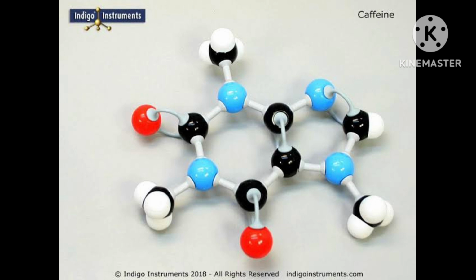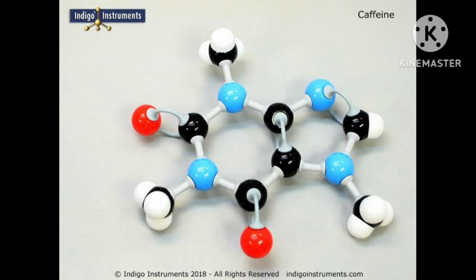One black solid wedge tells the bond is towards the observer, and this dashed wedge tells the bond is away from the observer. The dashed wedge is used to depict the bond projecting out of the plane of paper and away from the observer.